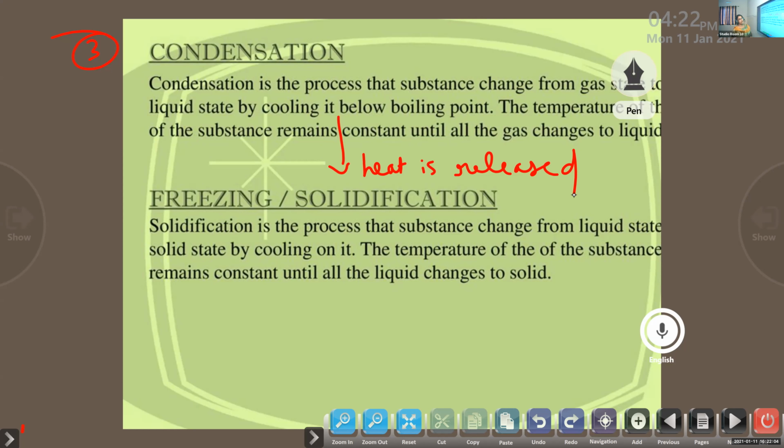It will continue till all the vapor turns into liquid until it attains a thermal equilibrium. And the last process is freezing or solidification. Substance changes from liquid state to solid state by cooling further, and heat is released here. Again, heat is released in this case.